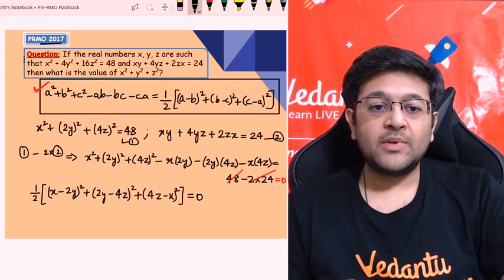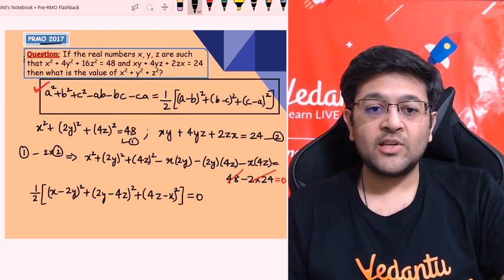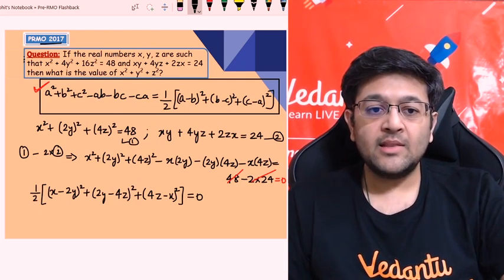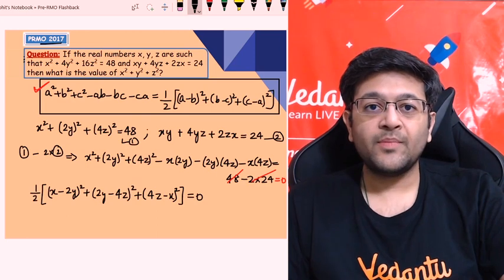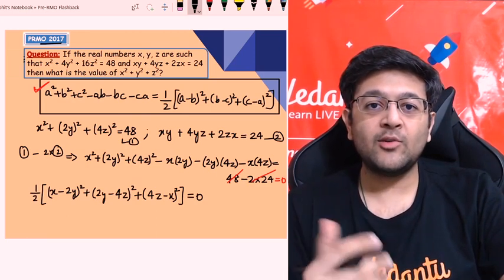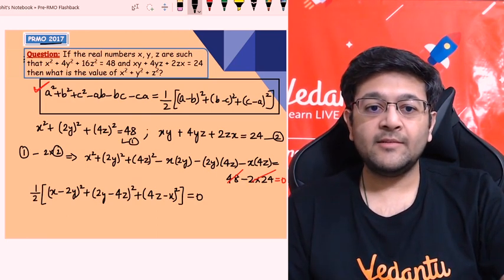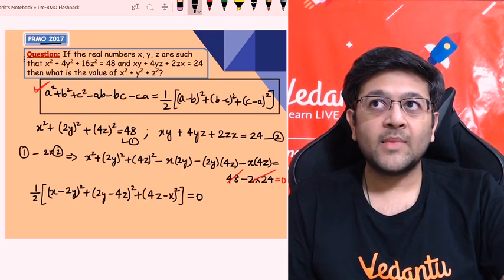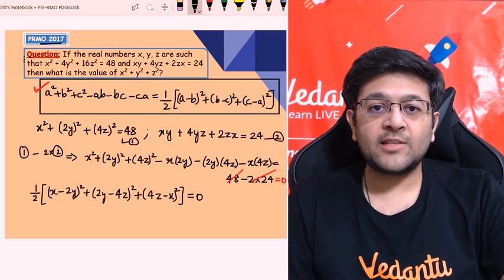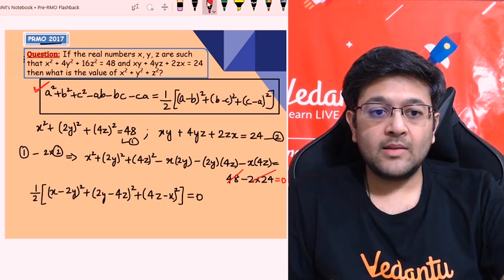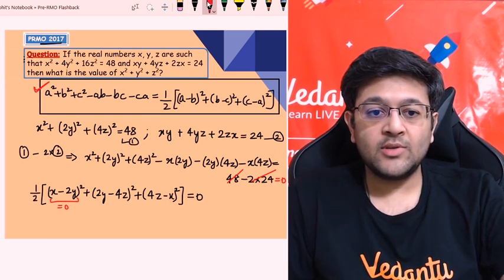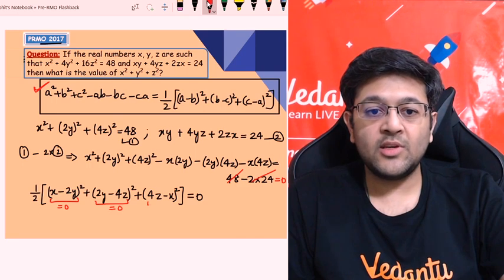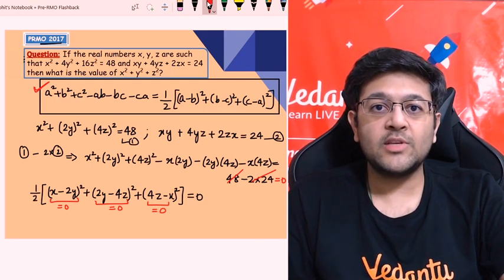Now children, if you look at this equation, you can see the sum of the squares is 0. A square is always 0 or positive, it is never negative. So if the sum of three such terms is 0, it can mean only one thing, that all three expressions are individually 0, right? This expression is equal to 0, this one is equal to 0, and this one is also equal to 0.